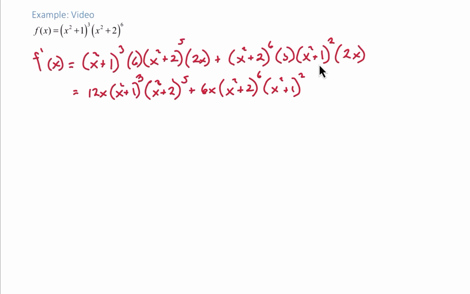So we've taken the derivative, but from here we might be able to simplify a little bit, factoring this. Let's see, if they have a GCF, we have a 12, 6, and x, so we can pull out a 6x. And then they have x squared plus 1 in common.